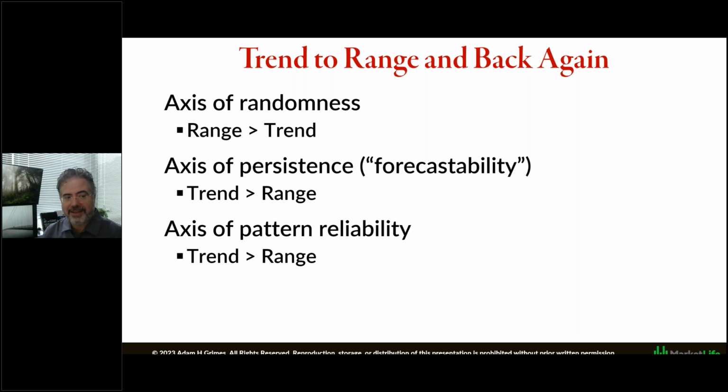One is how random is price action within that regime or within that environment. And I think what you would find is that action within trends tends to be less random, ranges tend to be more random. Persistence, meaning how forecastable is it? Trends tend to continue.